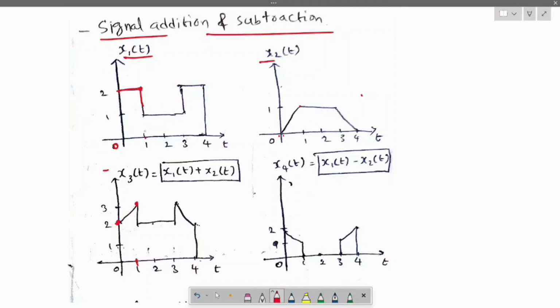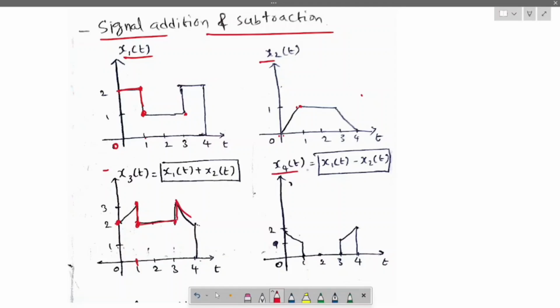Again it falls from 2 to 1, and it is 1 and 1, which is 2. Again it is falling, from 1 to 3, the same graph. 1 unit and 1 unit, 1 plus 1, 2 units. You can plot like this.